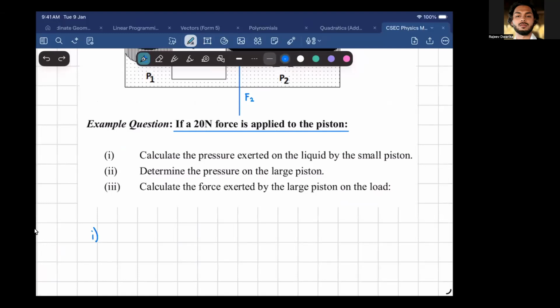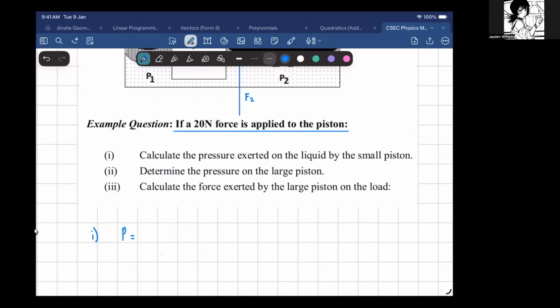So Jaden, what's the formula for pressure? Pressure is equal to what over what? Are you talking about the P2 formula or the P1?